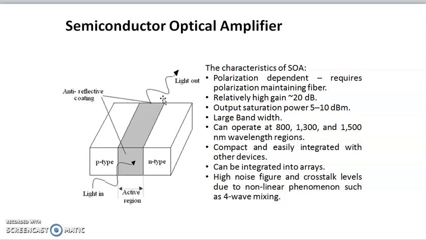If that reflectivity is lower, then the optical signal can propagate through this active medium, so that we can use the amplifier for the condition of a low reflectivity.